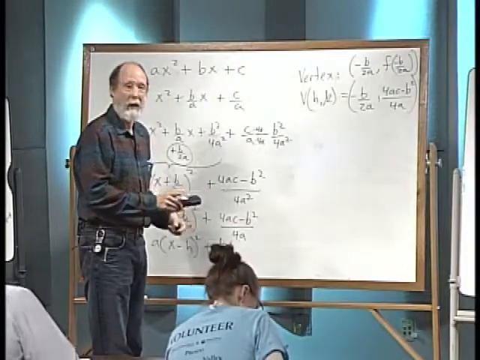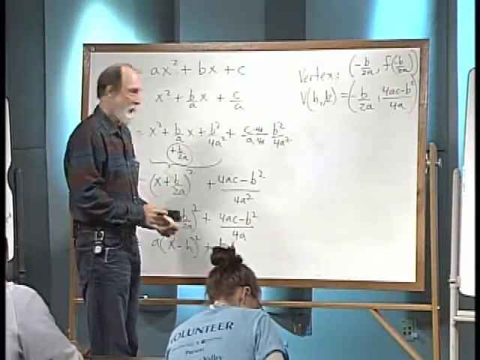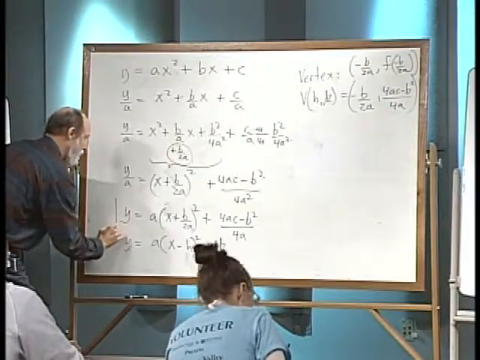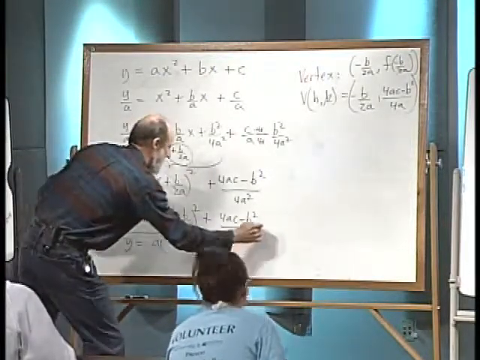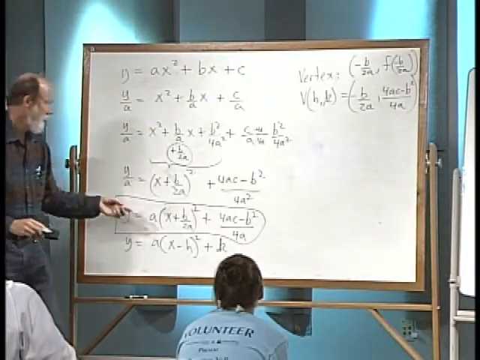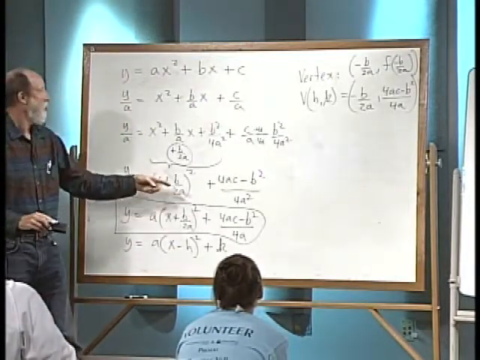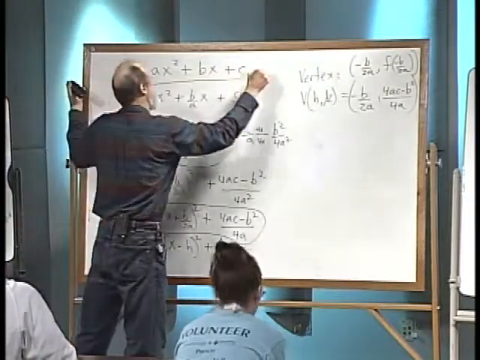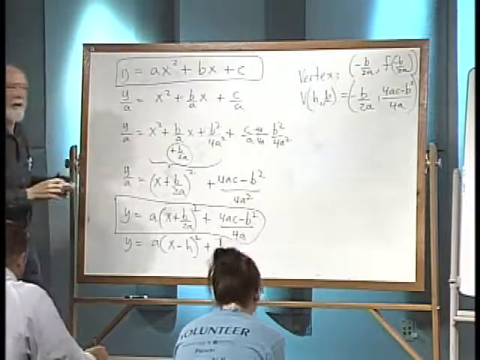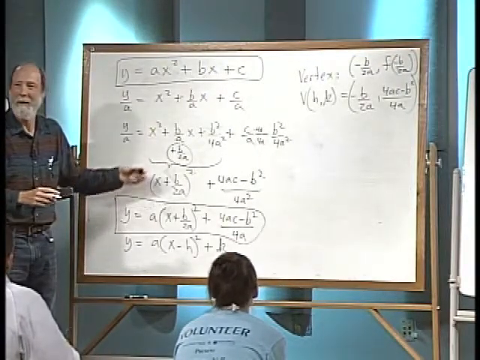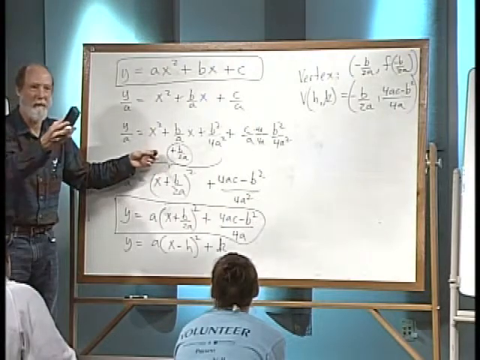All right, got a little bit of time left. Look at this algebra right here, this expression, this equation. Look back at the original. What's the quadratic formula, folks? The quadratic formula, how many of you don't remember it?